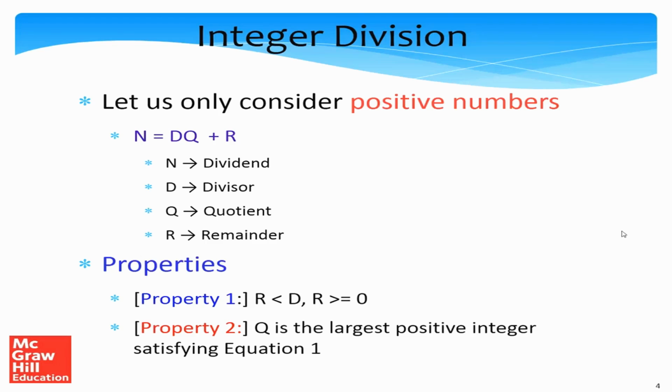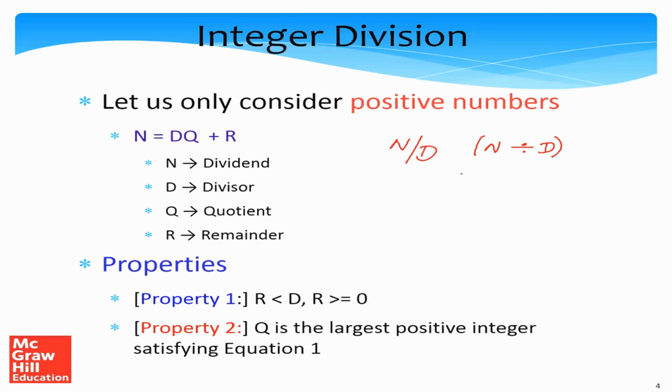So let's now introduce some basic terminology. Let's say that we are dividing n by d. This is the slash operator, same as integer division, n divided by d. In this case, we'll have a quotient and a remainder.